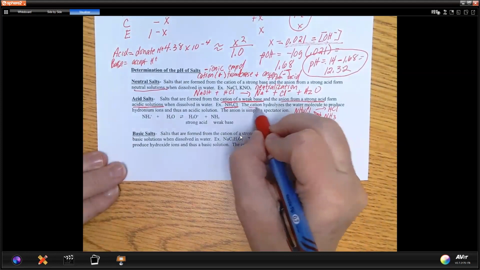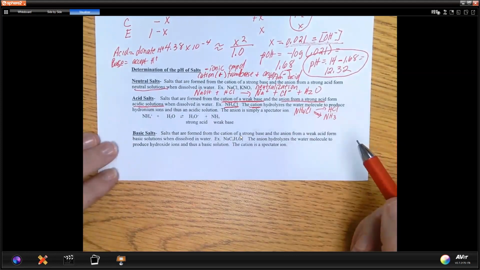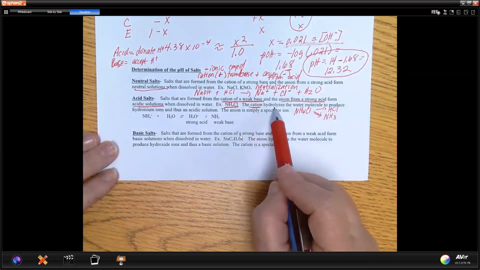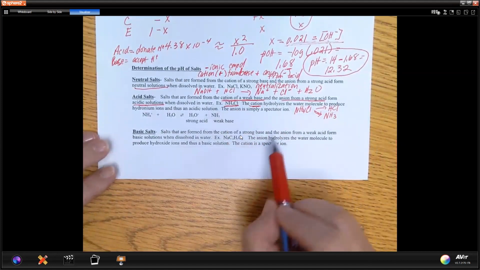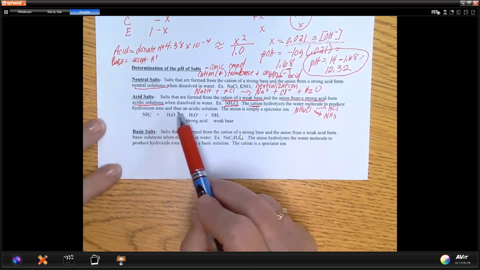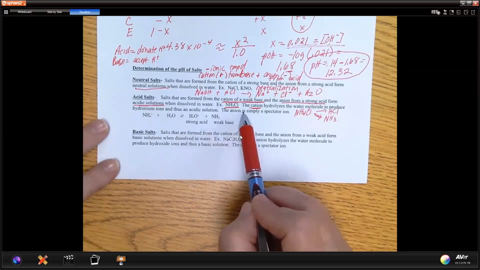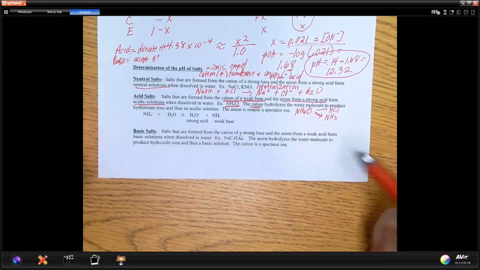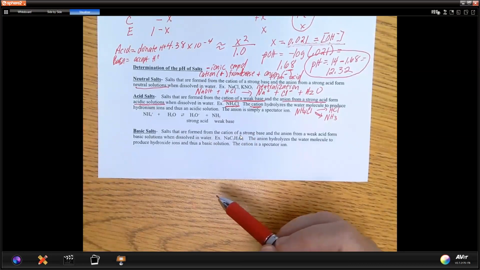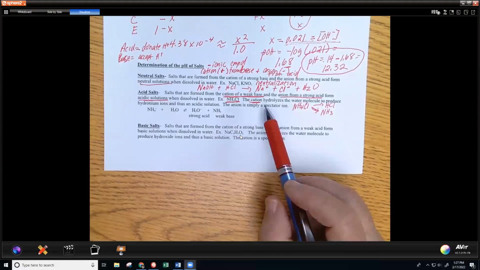The cation, the positive ion of the salt, hydrolyzes the water molecule to produce hydronium ions, and thus it ends up being acidic. The anion, the negative ion, is just a spectator ion. It's just going to remain as an ion. It would cancel out if we were doing it ionic.